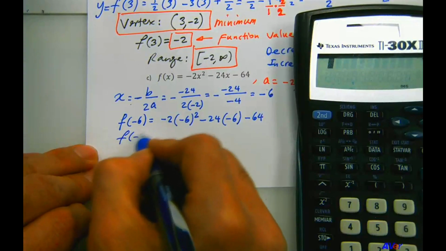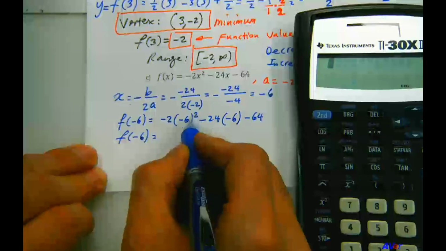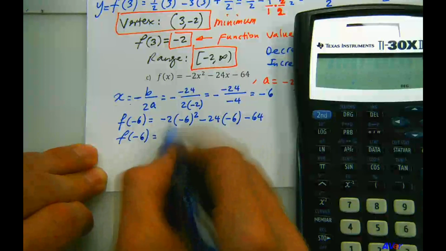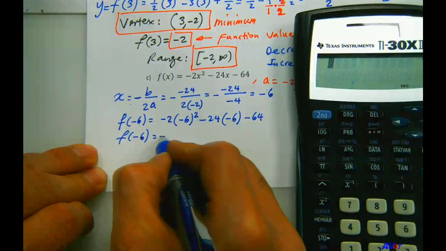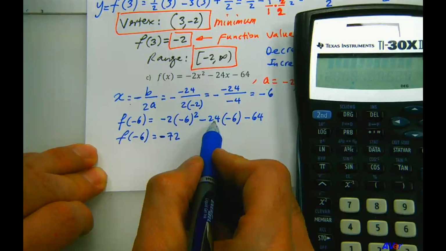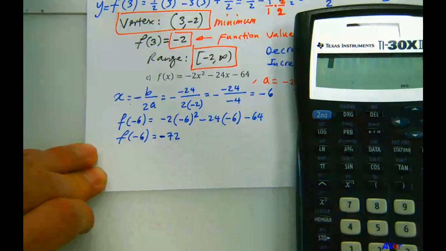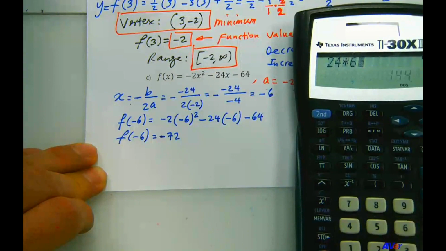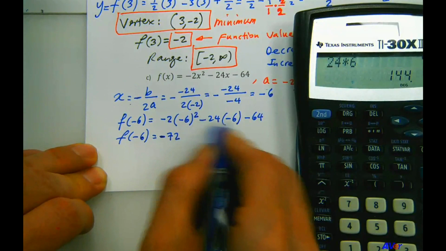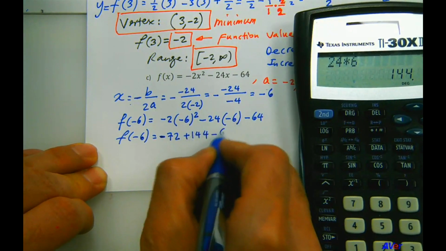So we have the function value at negative 6. Negative 6 squared is positive 36, right? Times negative 2, it's negative 72. Minus 24 times minus 6 is positive 144, right? Minus times minus is positive. Positive 144 minus 64.